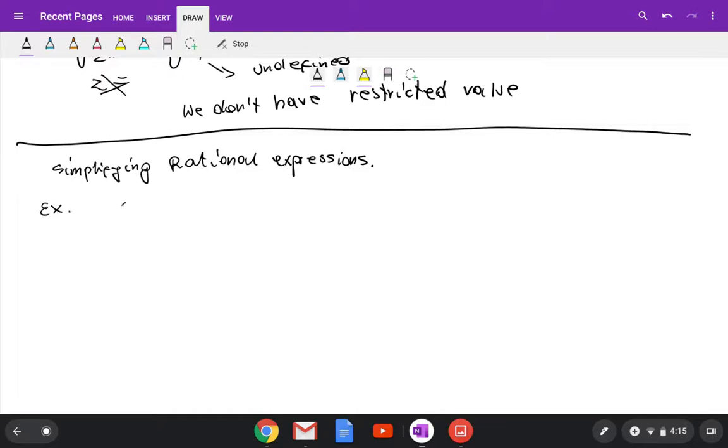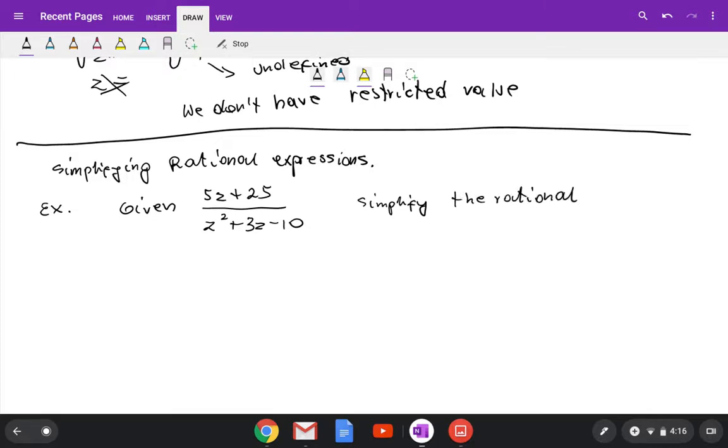Example, given 5z plus 25 over z squared plus 3z minus 10, simplify the rational expression. Then find all restricted values.